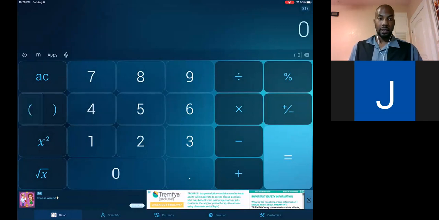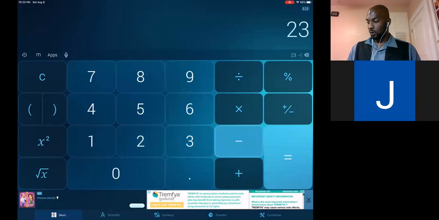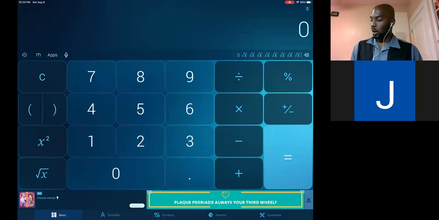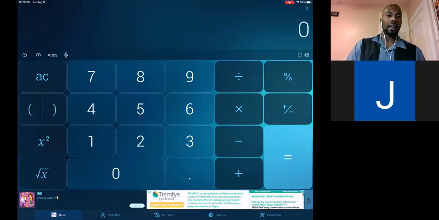Then the next line, you've got your parentheses open, close, 4, 5, 6, multiplication, plus or minus, and so on, the exponents, 1, 2, 3, equal sign, and then down here is my square root. Here it has an X in it. Some calculators, depending on how the manufacturer made them, have nothing in them. This one has an X, which means just put in whatever value you want for that X.